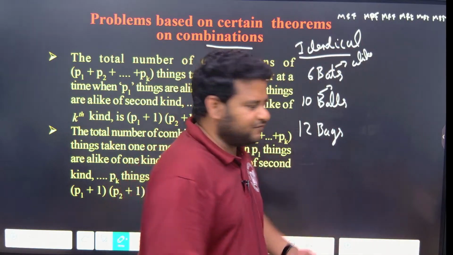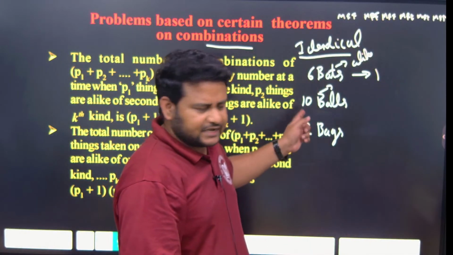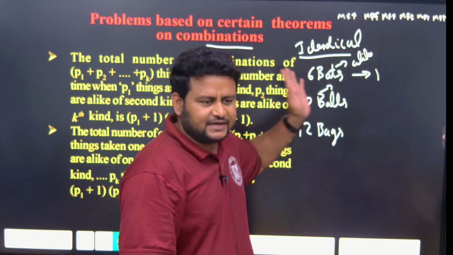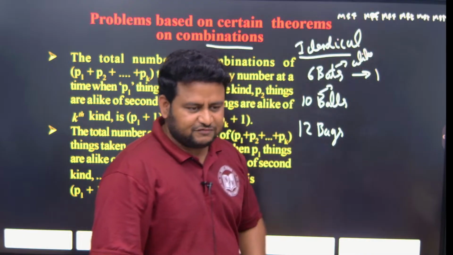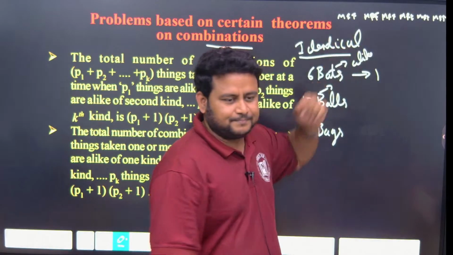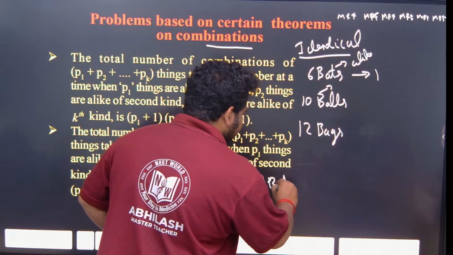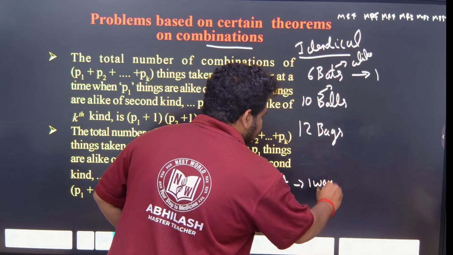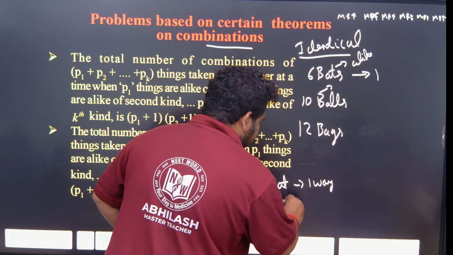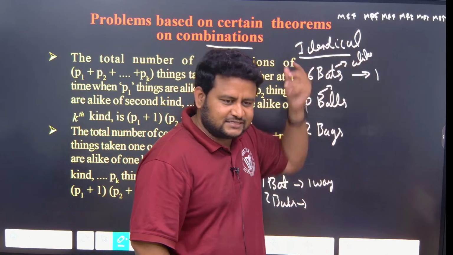If I have to pick 1 bat, there is only one way I can do it, because all are same. If I have to pick 2 bats, there is still only one way, because any 2 bats you take, it is the same.